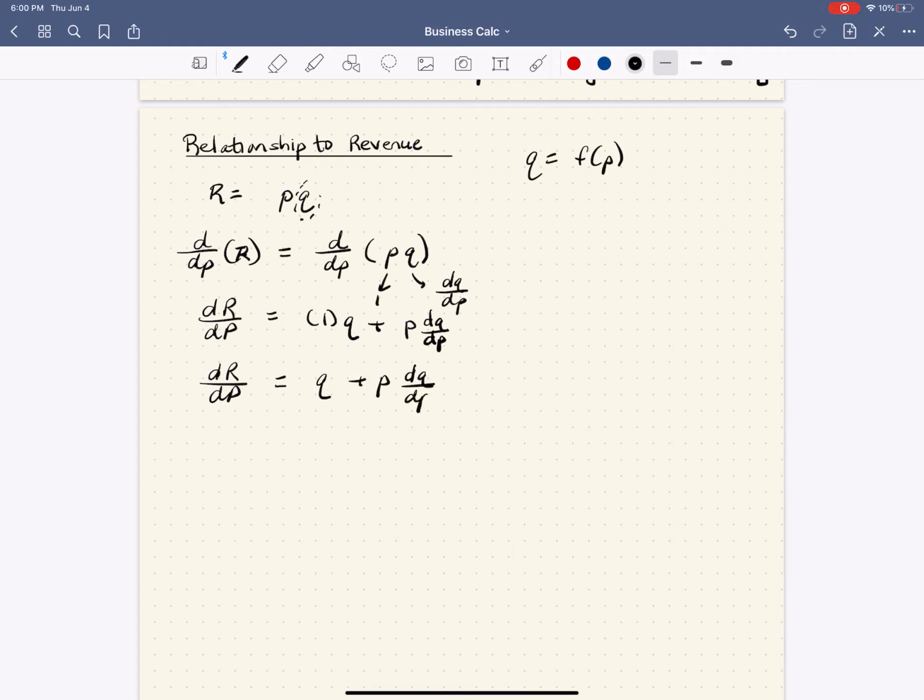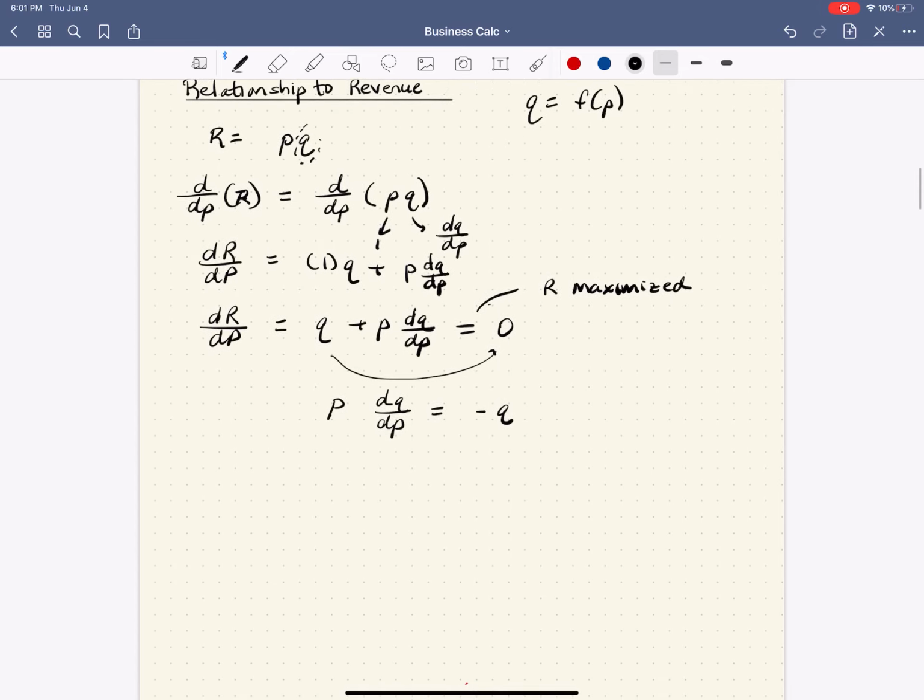Now, we know that when revenue is maximized, the derivative is equal to 0. Okay, so what I'm going to do, I'm actually going to manipulate this equation to show something here. So I'm going to move the Q to the other side here. And do you notice that on the left-hand side, that almost looks like the elasticity formula, but without the Q?